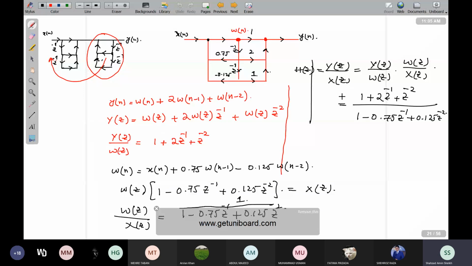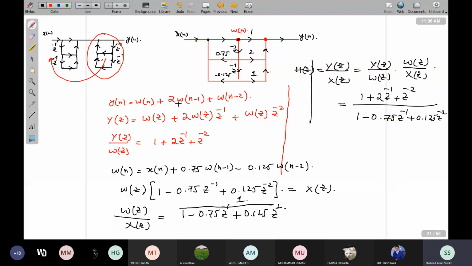So let's do this, how we can convince ourselves that what we are doing is correct. Here we have introduced this node w of n, so y of n is equal to w of n, this line is w of n, and then this w of n is going down, and it is being multiplied with 2 and then being added.